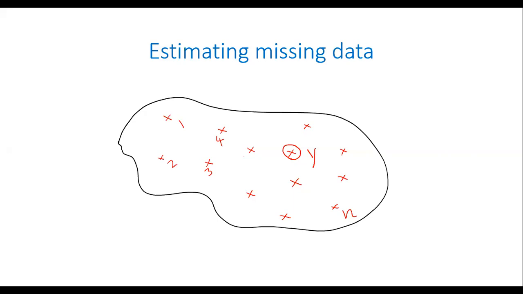Let's say there are n different gauges, and I have data for the last 15-20 years, whatever it may be, and at one station I'm missing the data for one particular year, but I have the information for all the years at the other stations. Okay, so this is the problem statement.